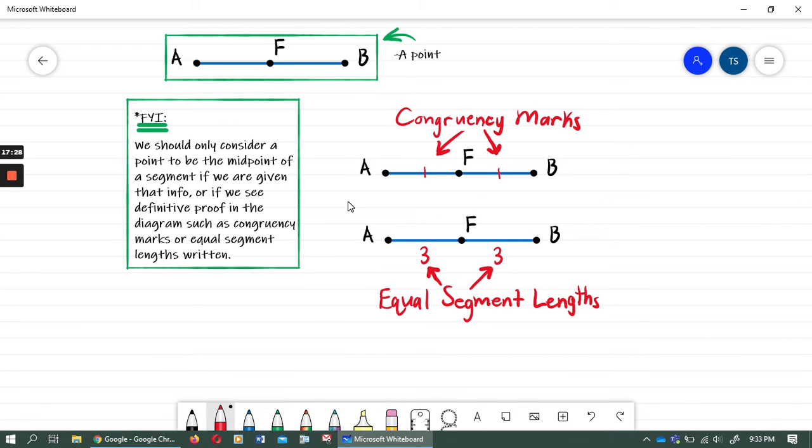So if we see definitive proof in the diagram, like those congruency marks, or it could be written in the diagram where you see equal segment lengths.